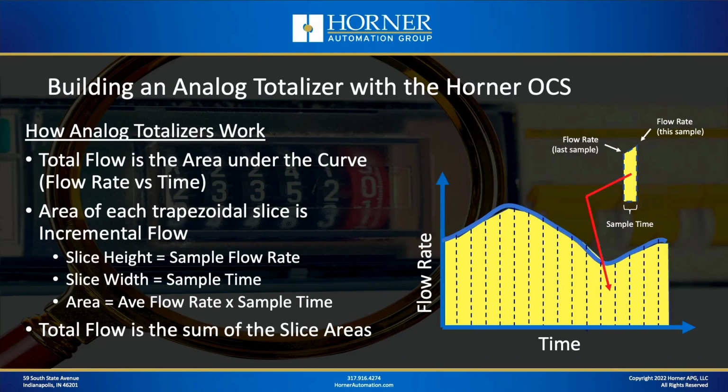Well, the easiest way is for us to take periodic analog samples, that would be our flow rate samples, and effectively create a slice that we can then calculate the area of. To get the total area under the curve, we just take the area of each individual slice and sum them up, and now we have our total flow. So it's really fairly straightforward.